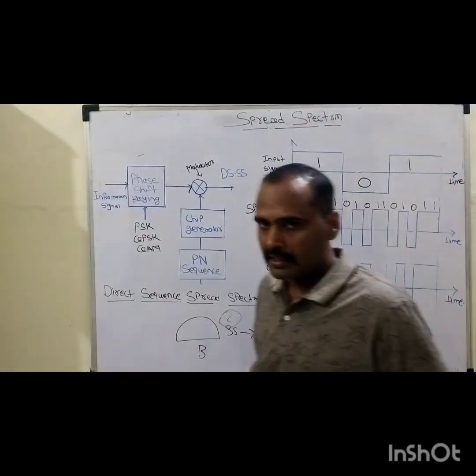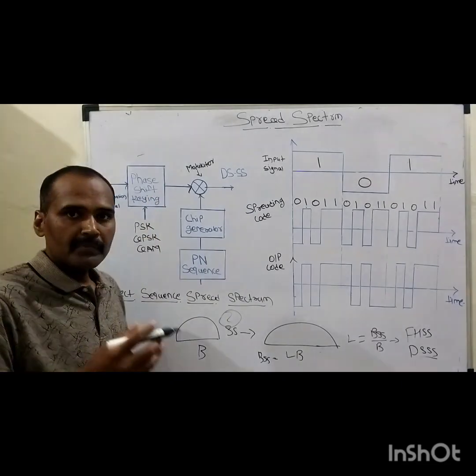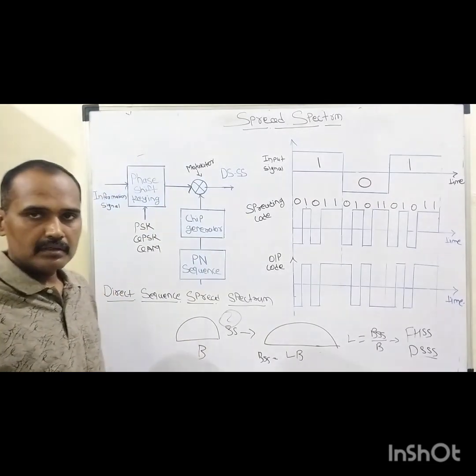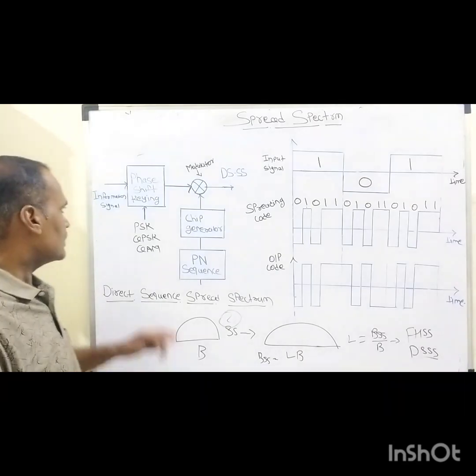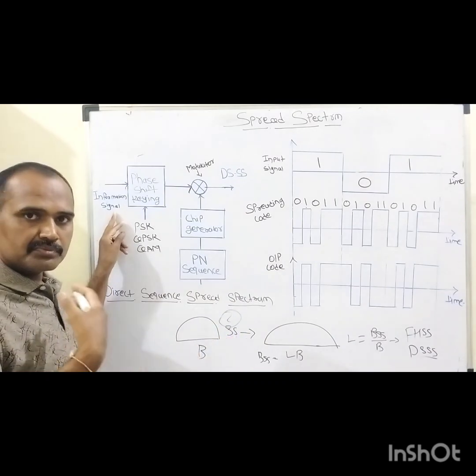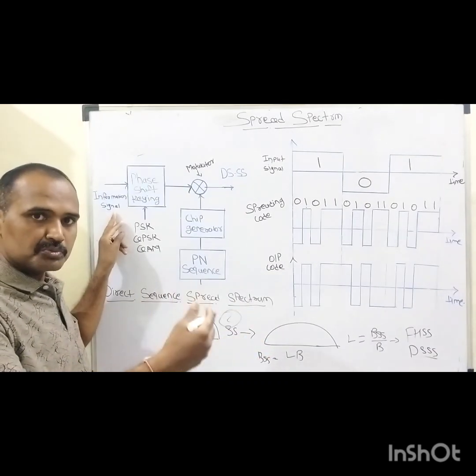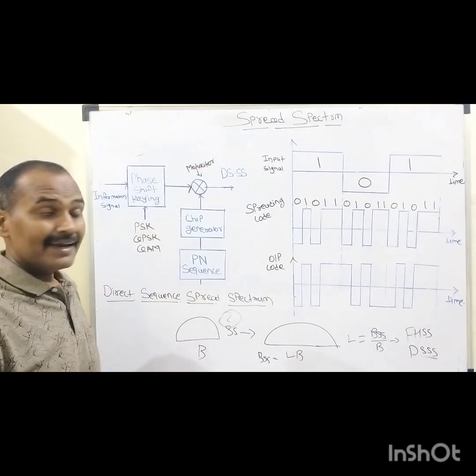Within it, we can have continuous wave single carrier or multi carrier modulators, to carry the desired information bearing signal we want to transmit from source to destination using the spread spectrum modulation technique.